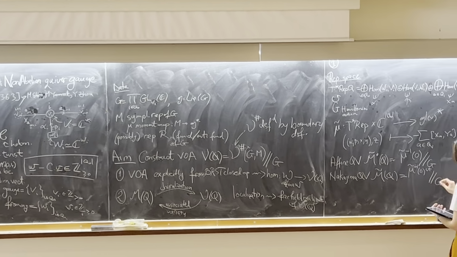I'll call these specifically, forgetting about indices, beta and alpha. And here I have for simplicity the same integer in the corresponding entry of the dimension vectors.